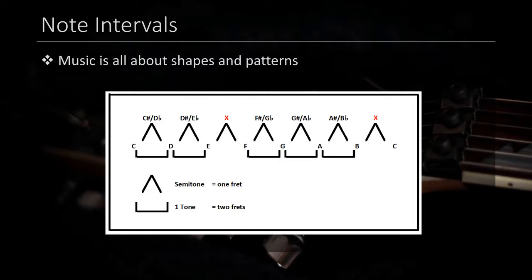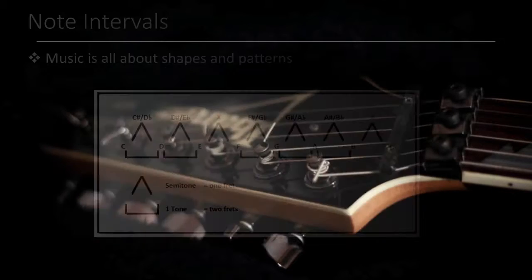And it's the same between B and C. So if you were actually playing this and you did a C to a D, it would be 2 frets down. A D to an E would be 2 frets down, or 2 steps, I think they call it. But going from E to F is a single step. It's 1 fret down. And the same going from B to C. So again, once you actually see these charts and this representation, then suddenly a lot of this starts to make sense.